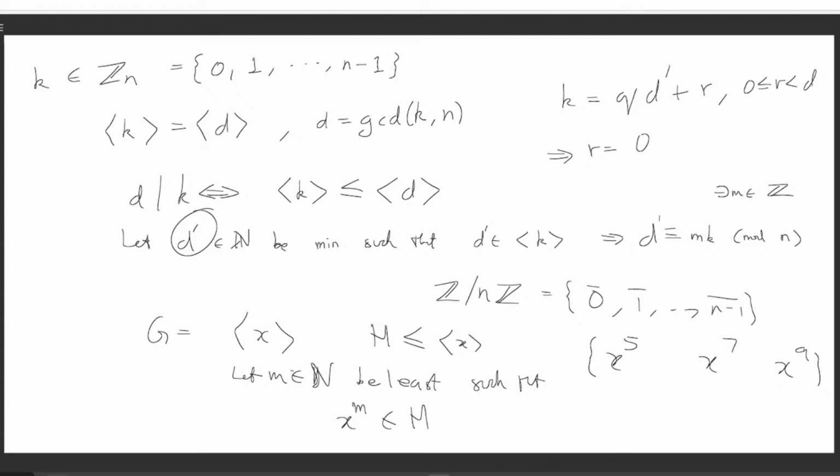So r can be written as k minus q d prime. K and d prime are there in the subgroup. So therefore r is that. So since r is less than d prime, and d prime is the smallest positive one in the subgroup by assumption, this must be 0. Okay. So we get k is in fact equal to q d prime.